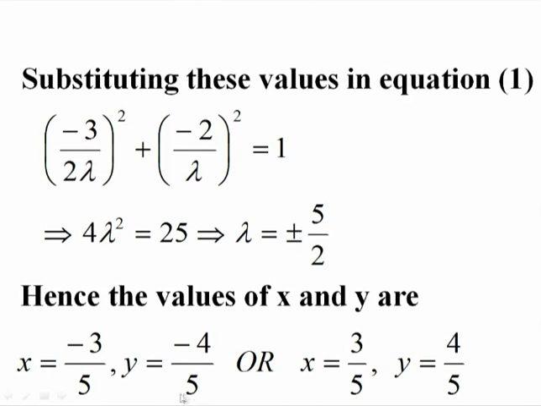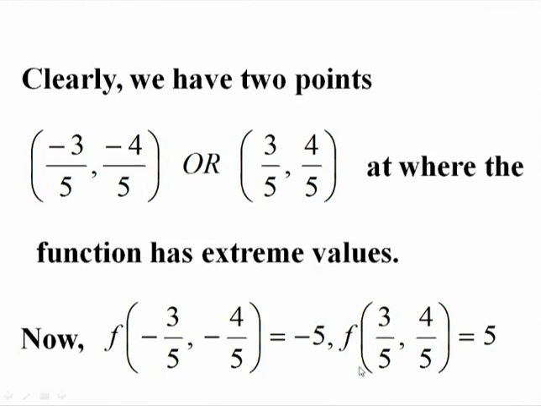So we have 2 points: x, y as minus 3 by 5, minus 4 by 5, or we can say x, y as another point 3 by 5, 4 by 5. Now according to the method, whether the function has a minimum value or maximum value at these points can be determined by using some conditions.